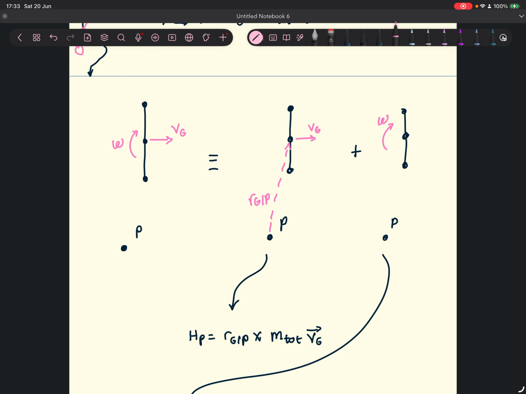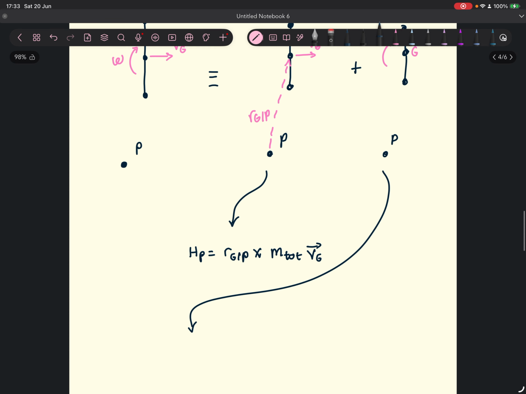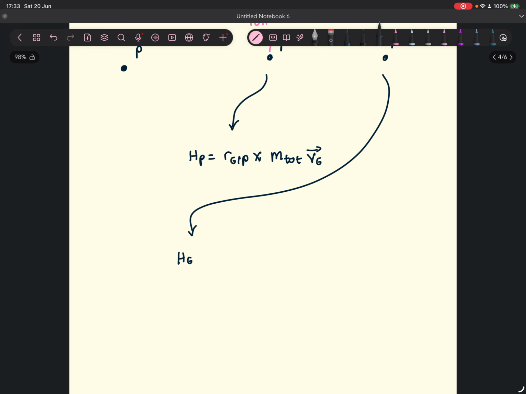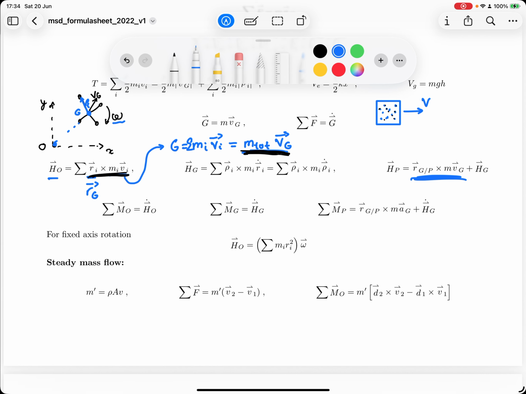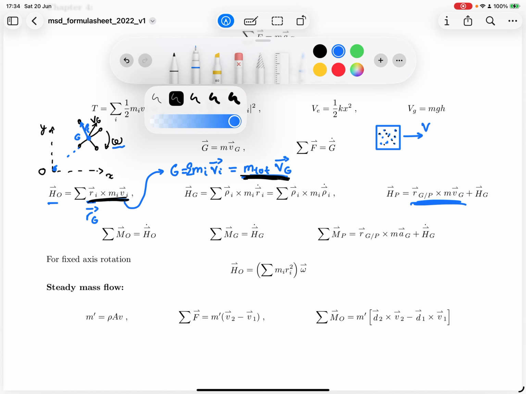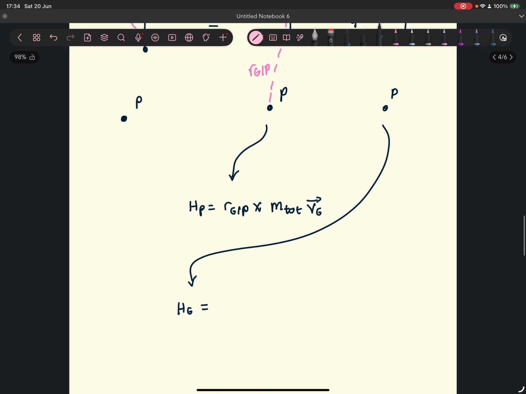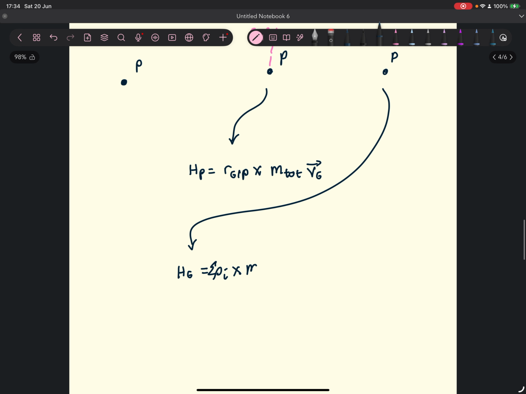So it's only rotating about point G. So the only angular momentum caused by rotation would be the angular momentum of each particle around point G. So we'd need to find Hg, which would then be equal to, if you go to your formula sheet, we could use either this equation or that one, right? So it's going to be the sum of rho i crossed with m i v i.